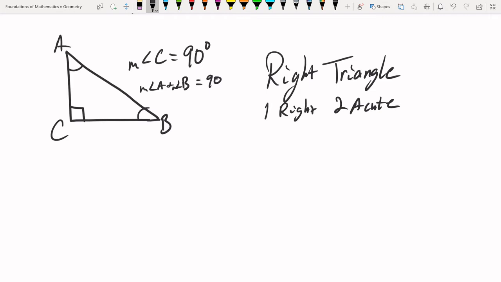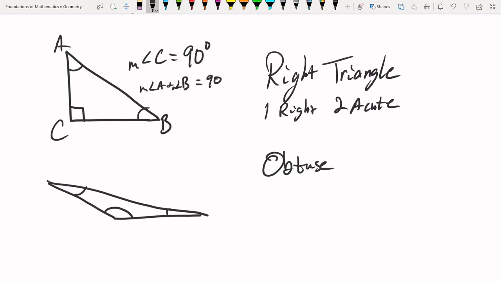Similarly, we can have an obtuse triangle. An obtuse triangle has 1 obtuse angle, so in other words, an angle that's greater than 90 degrees, and 2 smaller angles. The same reasoning for an obtuse triangle: 1 obtuse angle, and the other 2 must be acute.